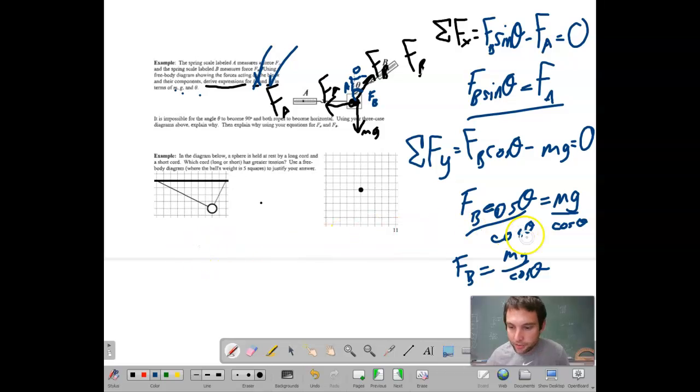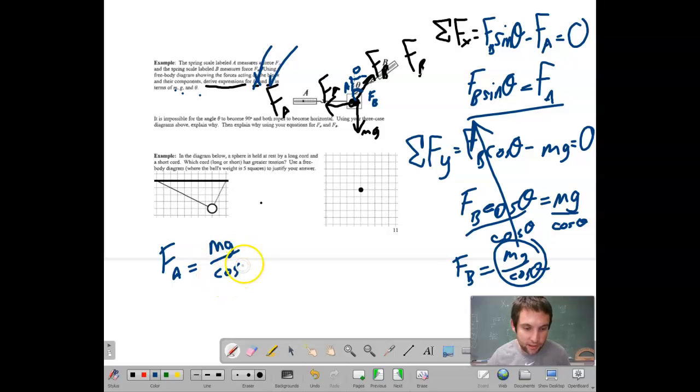So we're going to just substitute all of this in there. And we're going to have FA equals mg over cosine theta times sine theta.